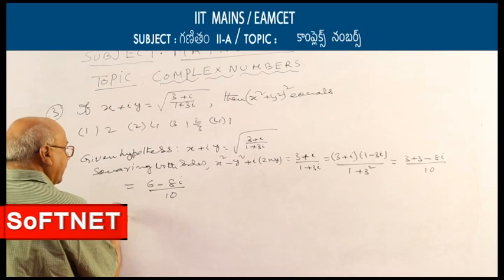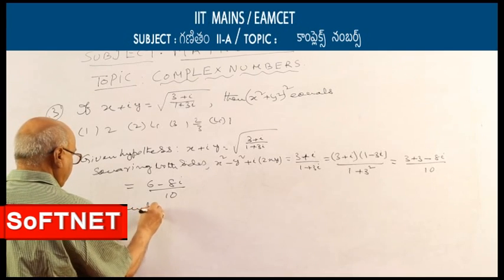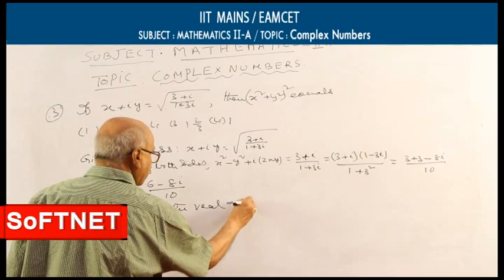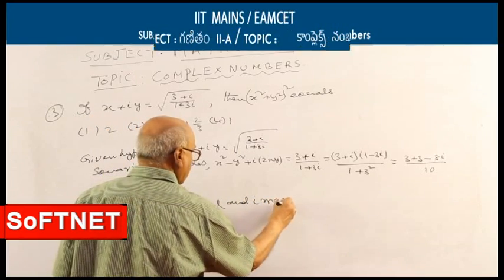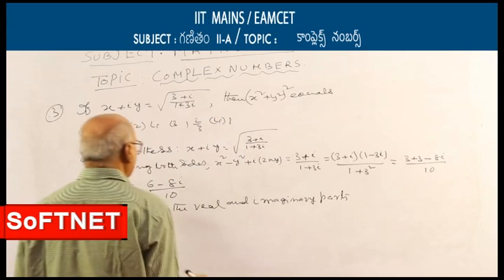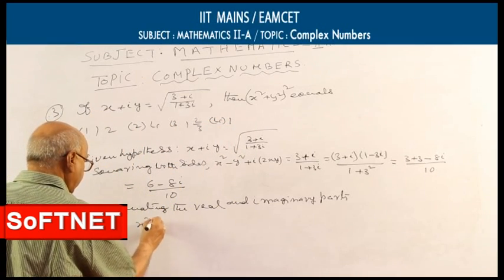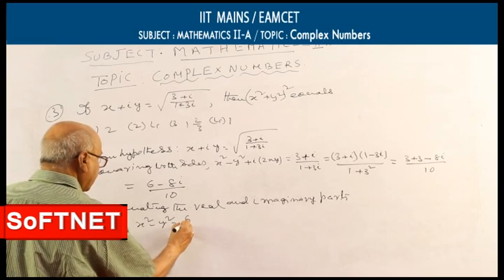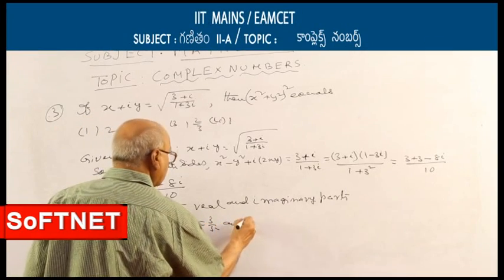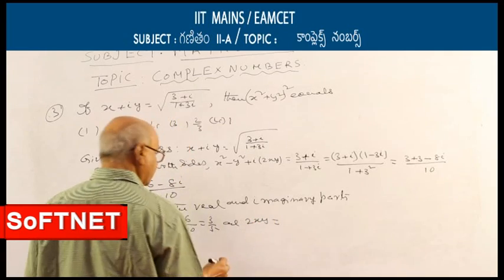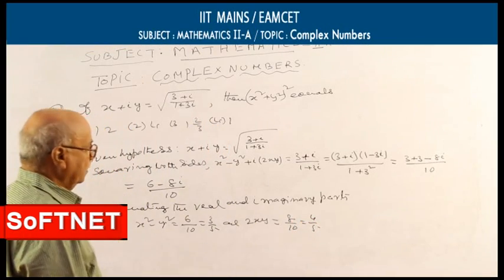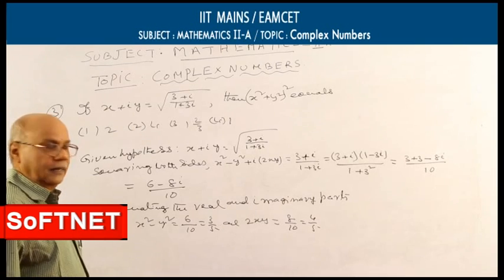So therefore, equating the real and imaginary parts, what you will get is x square minus y square is equal to 6 by 10, which is 3 by 5, and 2xy is equal to 8 by 10, which is equal to 4 by 5. Okay, right.